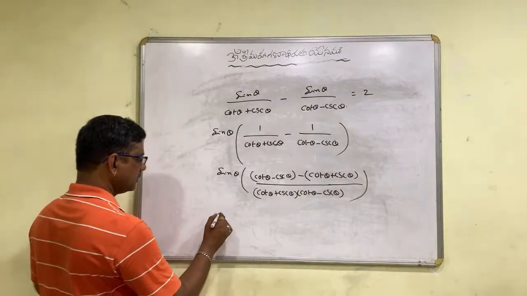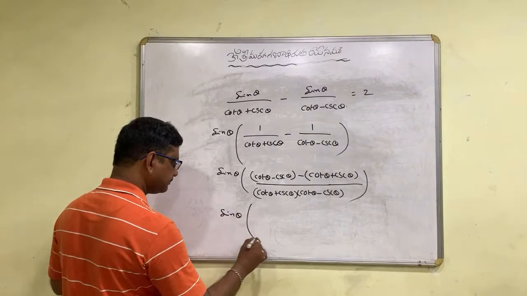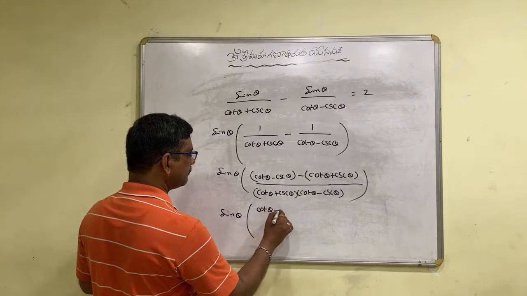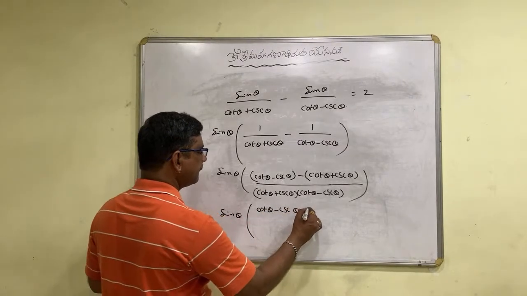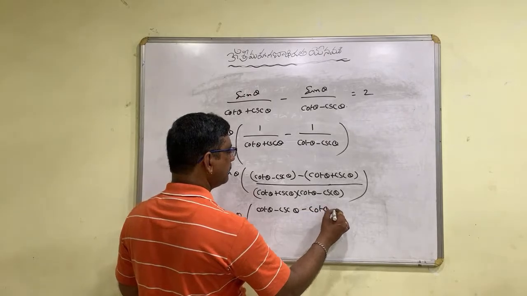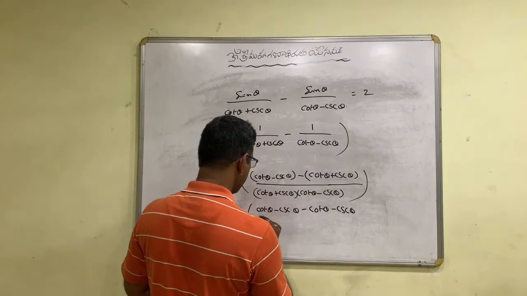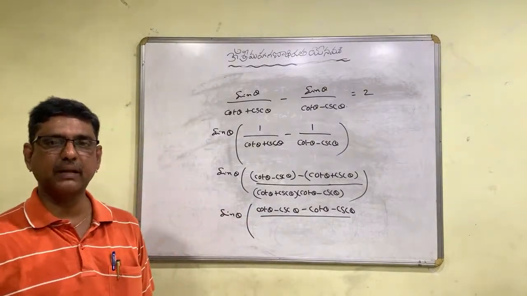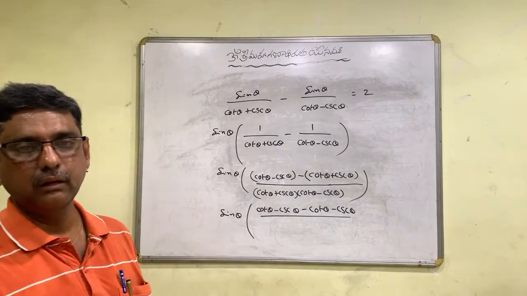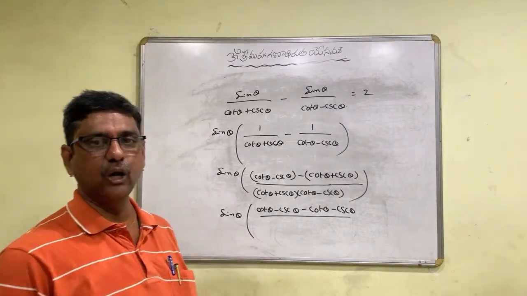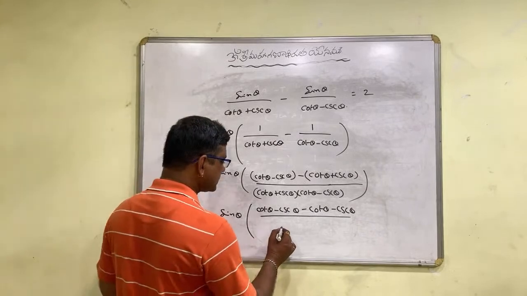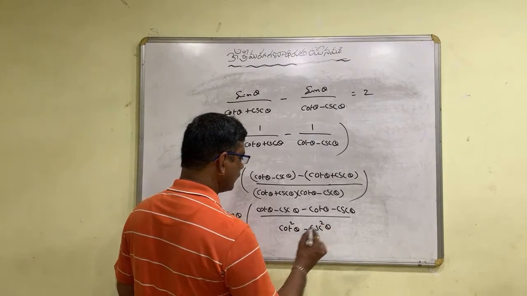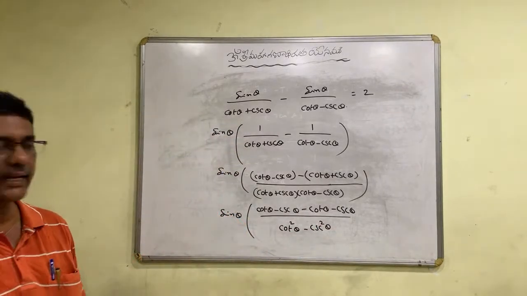Now sin theta, open the brackets: cot theta minus cosecant theta minus cot theta minus cosecant theta. See children, the denominator is in the form of a plus b into a minus b, so I can write it as a square minus b square.